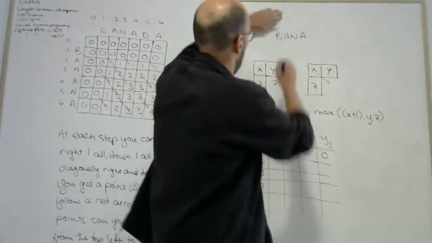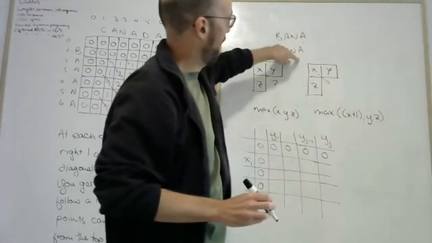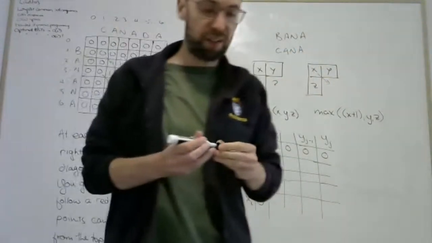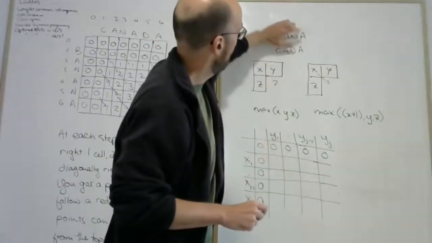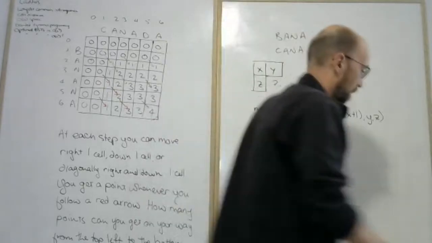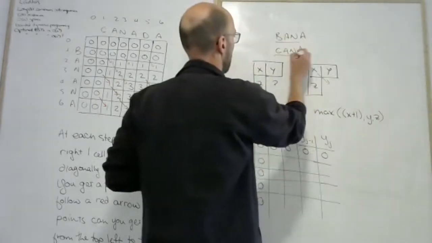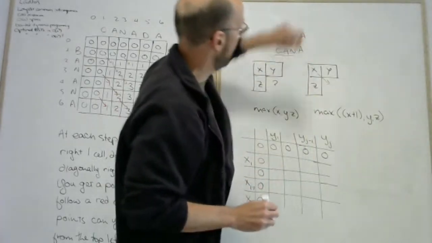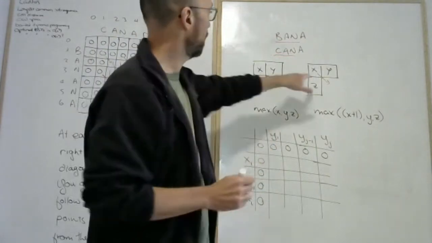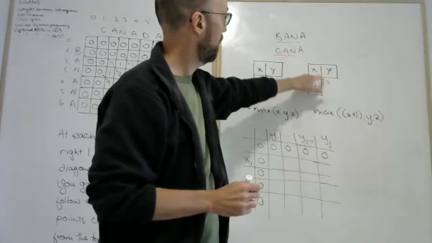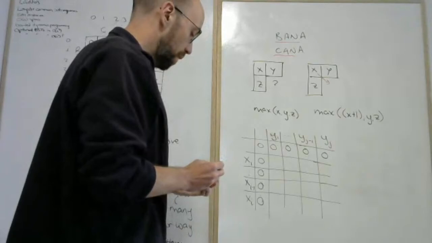Okay, so this is Bana and Kana. If these two letters match, then I can take the longest common subsequence of these strings, and then I add 1, right? So if these two letters match, then I have a red arrow here, and I have the option of taking this and adding 1.